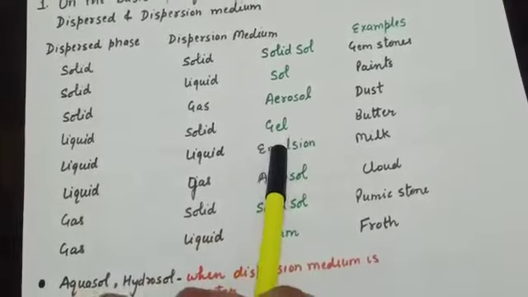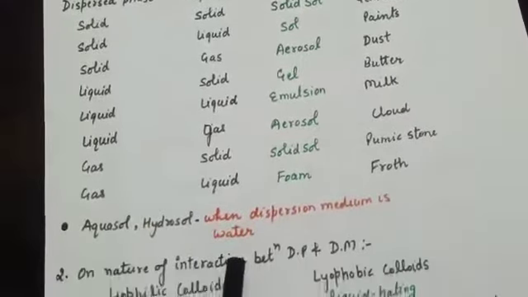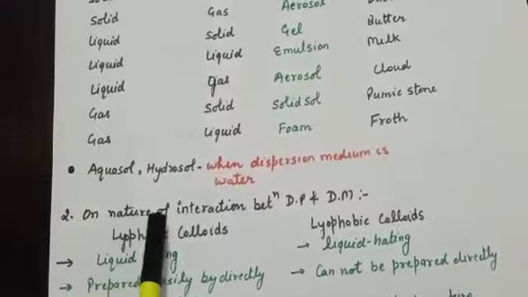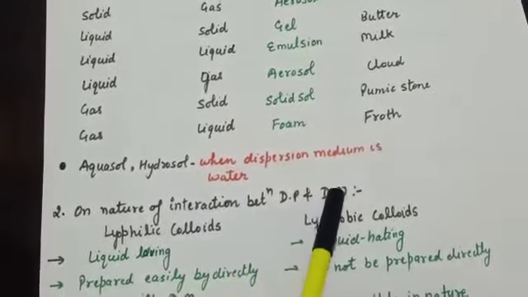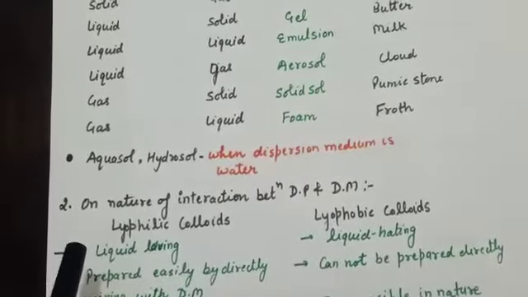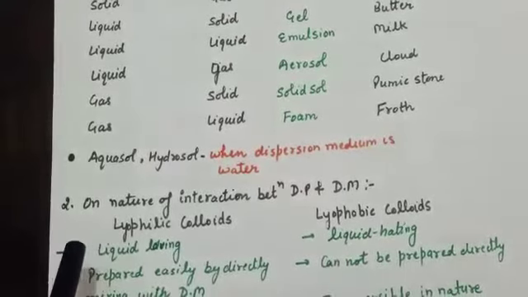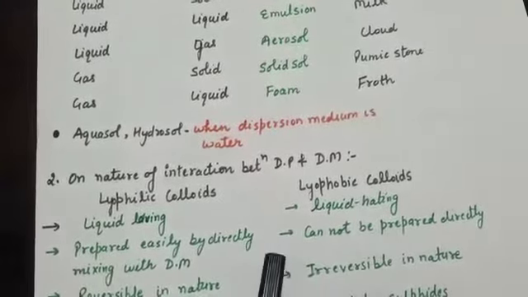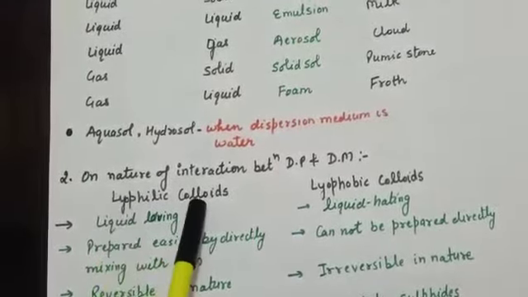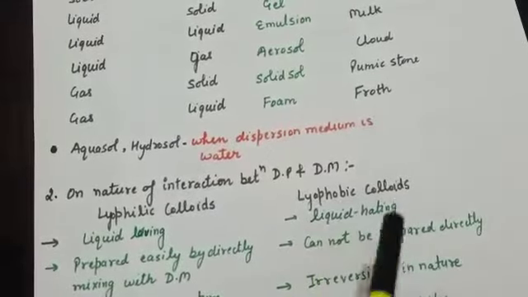Now next classification is on the nature of interaction between dispersed phase and dispersion medium. On the basis of interaction between dispersed phase and dispersion medium, colloids are classified into 2 types, that is lyophilic colloids and lyophobic colloids.